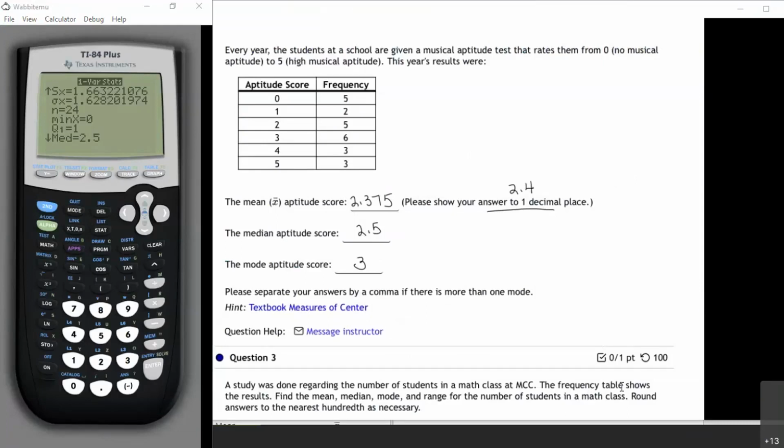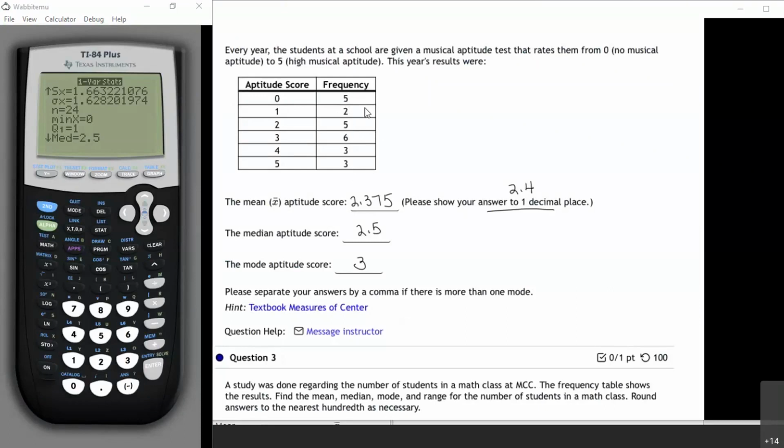If you're asking how would I find the median without technology, well, you have 24 scores. That means you've got 12 on one side of the middle and 12 on the other side of the middle. So you just count down till you get 12. Here's 5 plus 2 is 7, and 5 is 12.